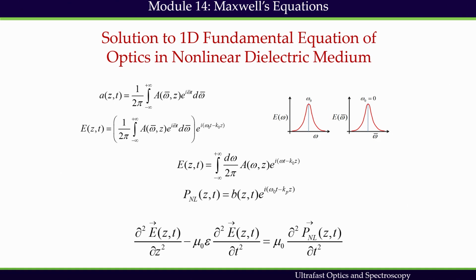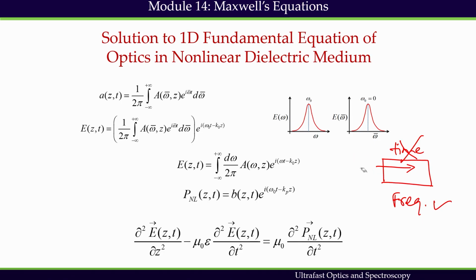In order to incorporate the dispersion effect as well, we shall represent A(z,t) in terms of its Fourier transform. So, the basic idea is that when a pulse is propagating through the medium, I cannot use its time domain representation. I have to use the frequency domain representation, because it can incorporate the dispersion effect and the pulse will experience it.